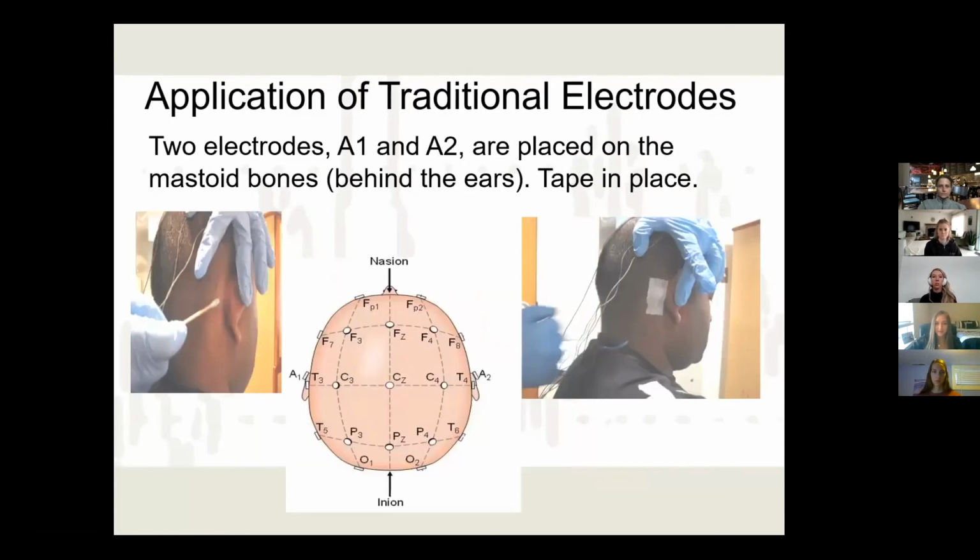Yeah. And I don't know if I'm the expert on this. So Sarah, if you have any input on this too. So the FZ and CZ electrodes, these are your reference and ground electrodes. If I remember correctly, all of the other electrodes are kind of dependent on these two electrodes.